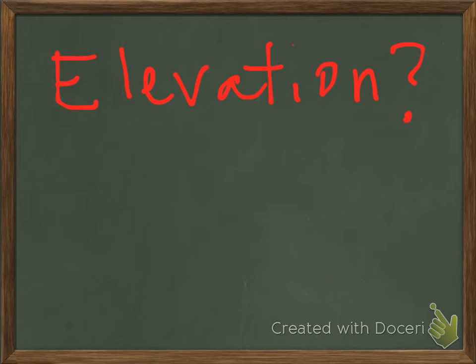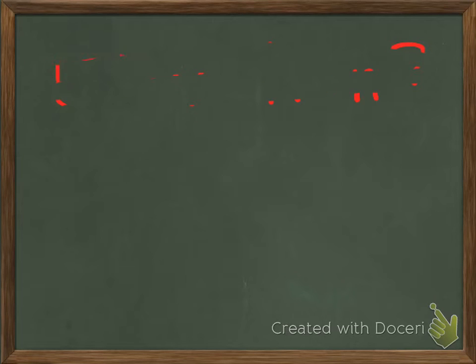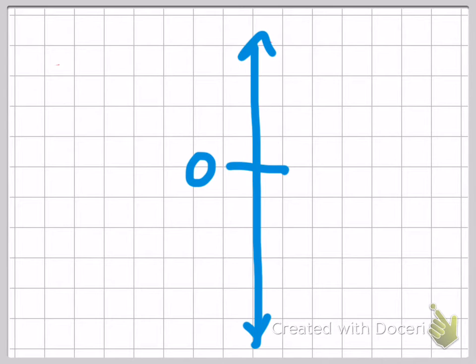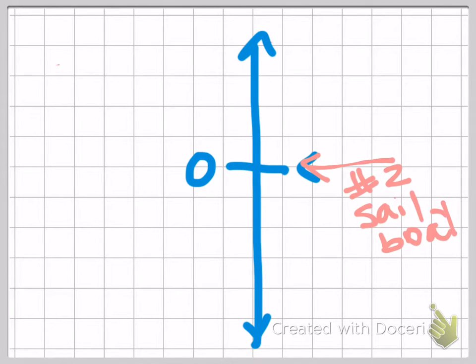So we're going to create a vertical number line. I'm taking out my graph paper. Like we discussed, the 0 point would be the number 2 guy, the sailboat, at sea level, which would be the 0.